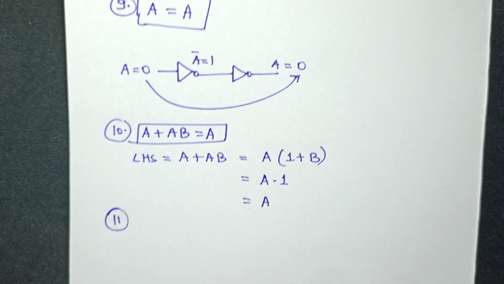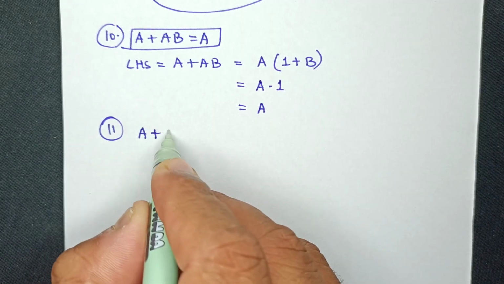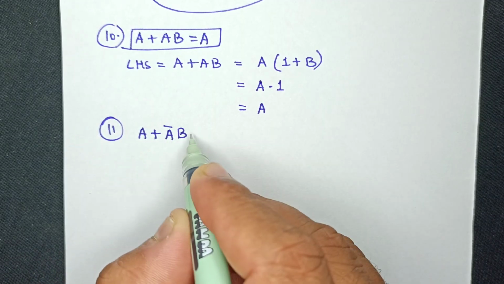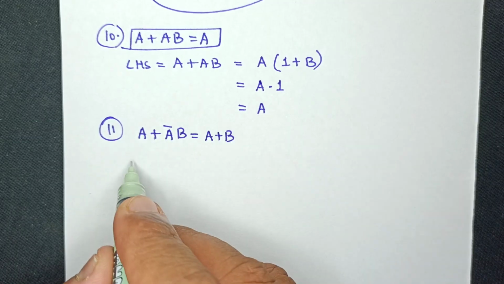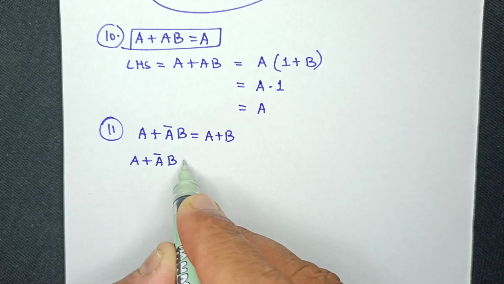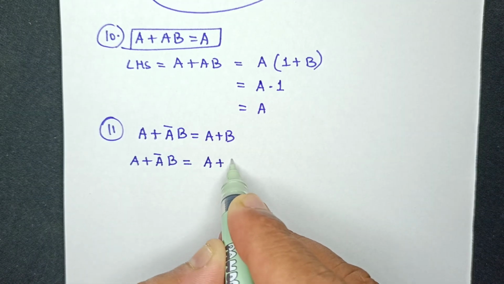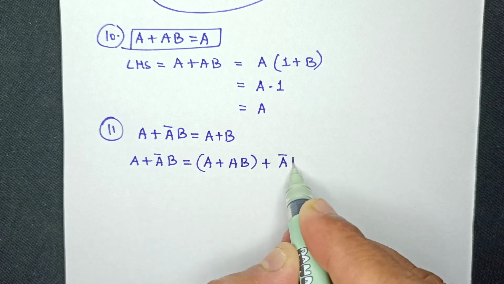And then we have rule number 11. Rule number 11 says that the value of a plus a bar b is equal to a plus b. So we'll have to solve this. a plus a bar b is equal to a plus ab plus a bar b.